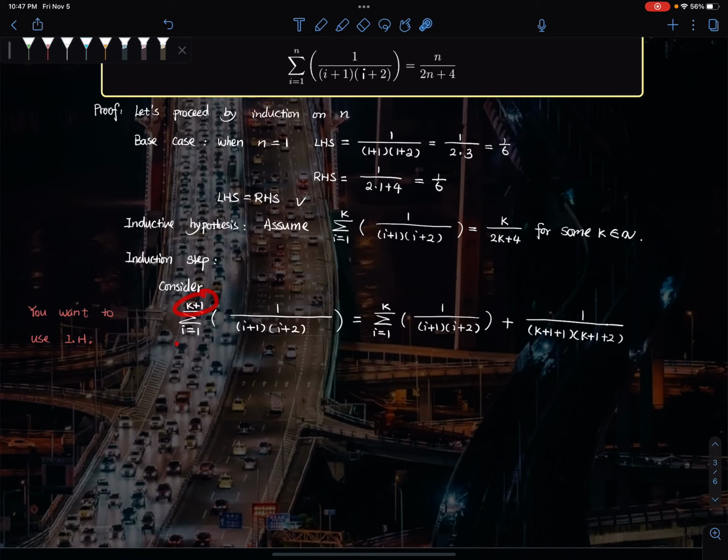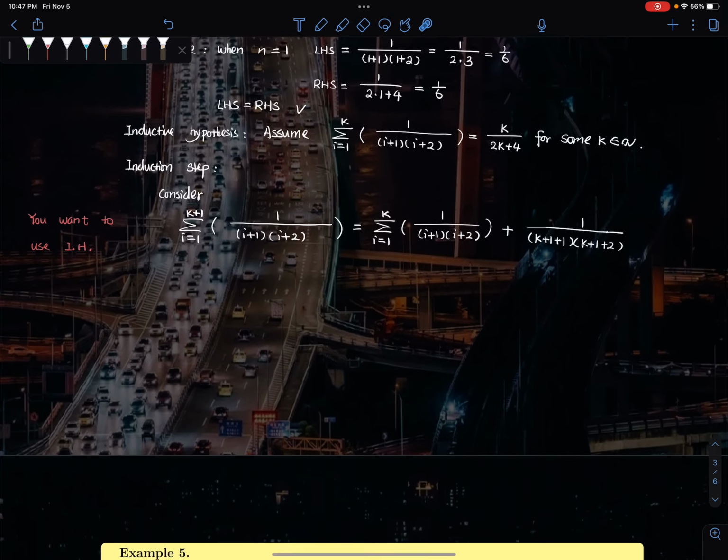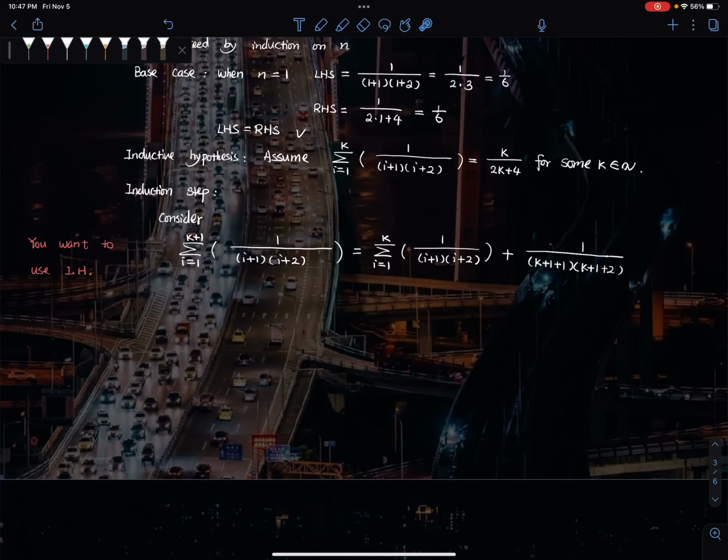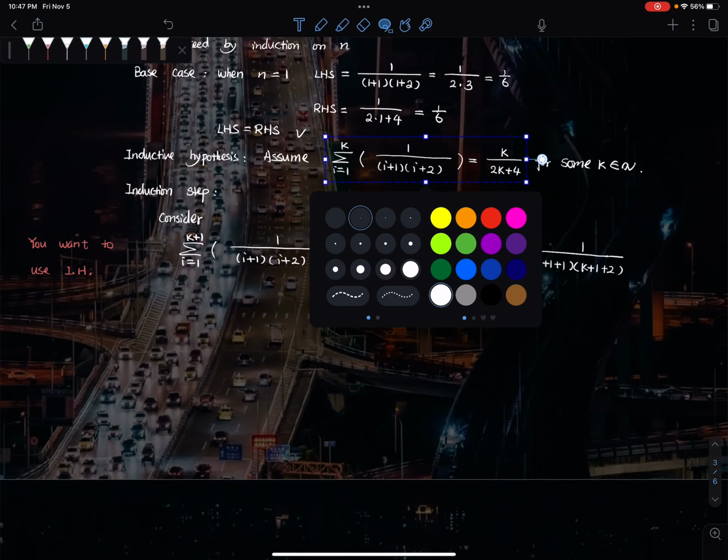So this is from i equals 1 to k plus 1. You can also add from 1 to k first, and then add the last term, which is when i equals k plus 1. So they are equal.